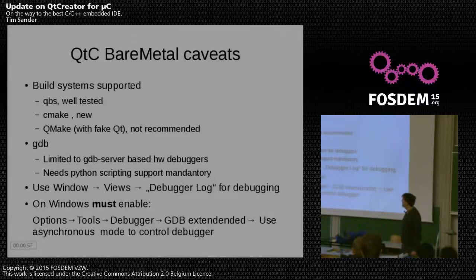But CMake support for the BareMetal plugin is new from the last year. You can also use QMake, but I would not recommend it because you have to set up a fake Qt, because QMake always needs to have set up a Qt environment, and normally you don't run Qt on such puny devices.